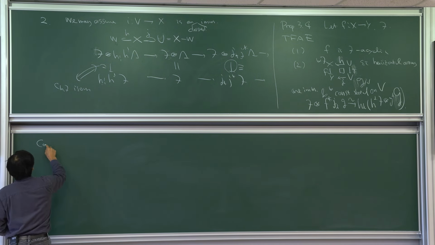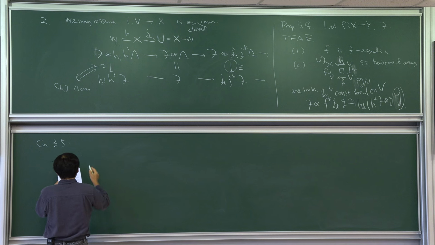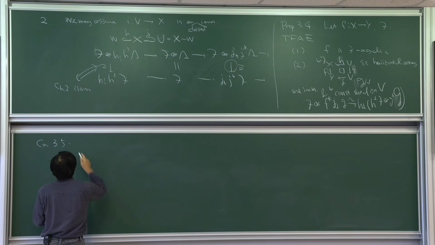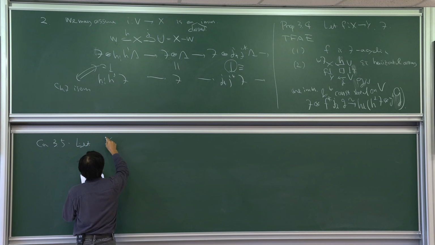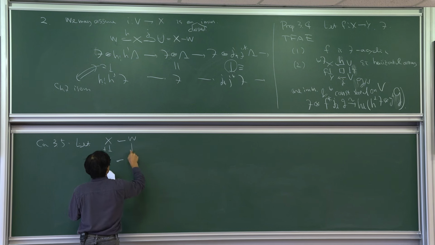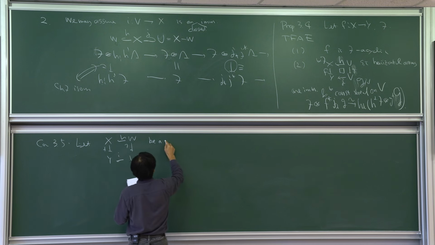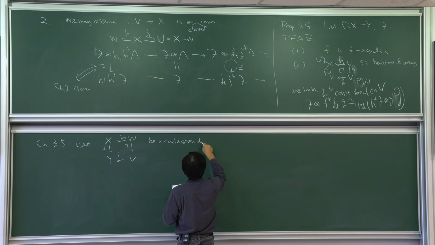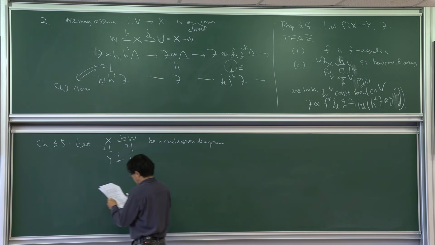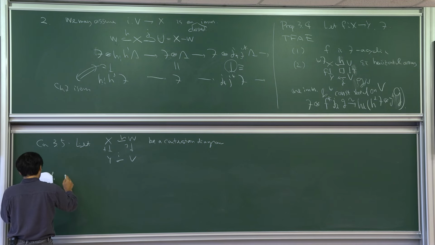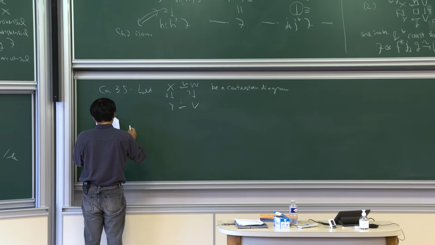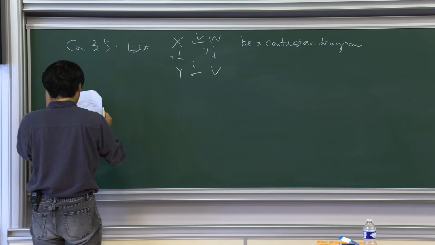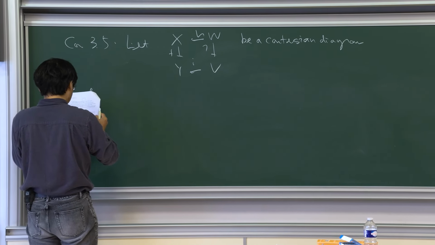Okay. So now everything will be smooth over a field. Let this be a Cartesian diagram of, sorry, I don't need smoothness, sorry.